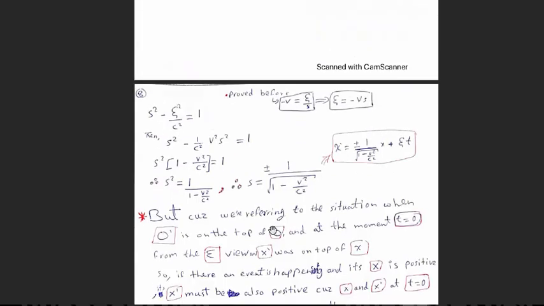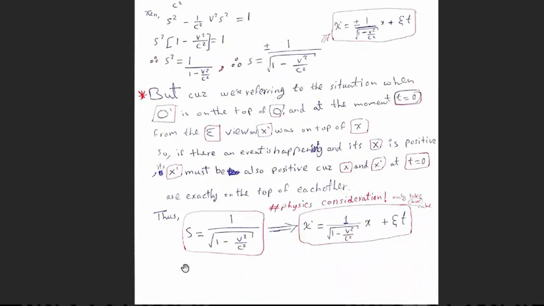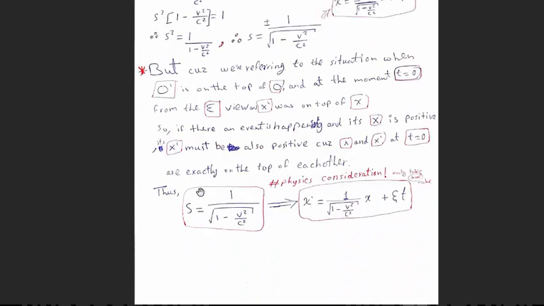So we only take the positive sign, as the plus sign. This is what s is equal to: s equals 1 over the square root of 1 minus v squared over c squared.